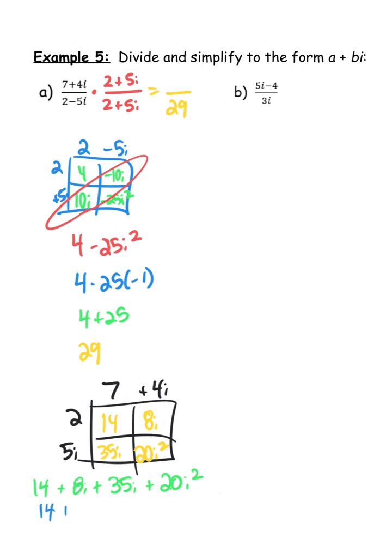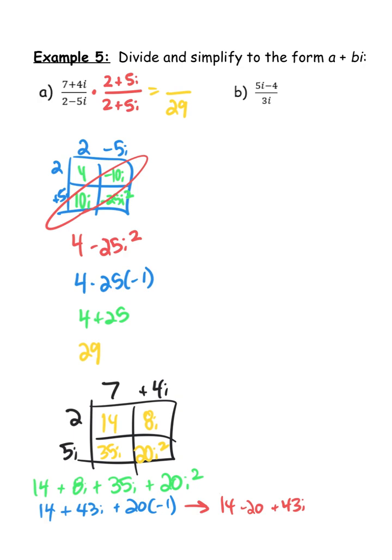14, I can add these two together. That is 43i. Remember, this is 20 times negative 1. So then I keep going, and this becomes 14 minus 20 plus 43i.